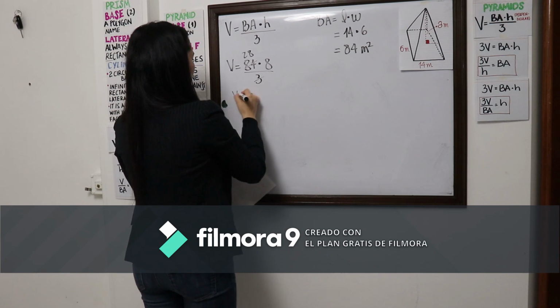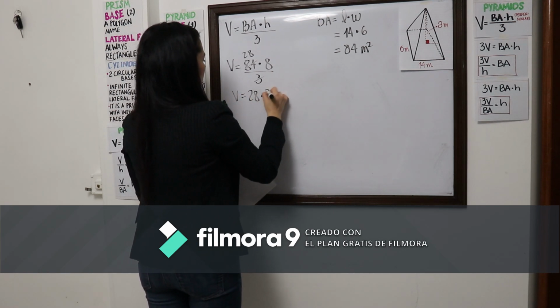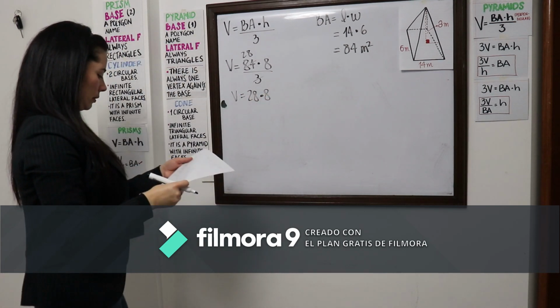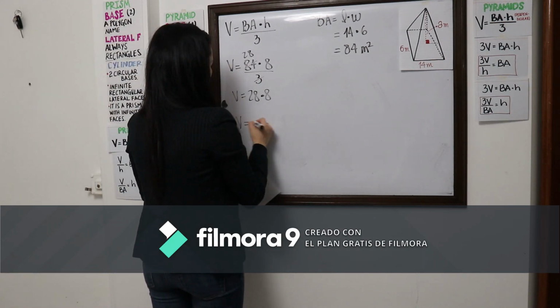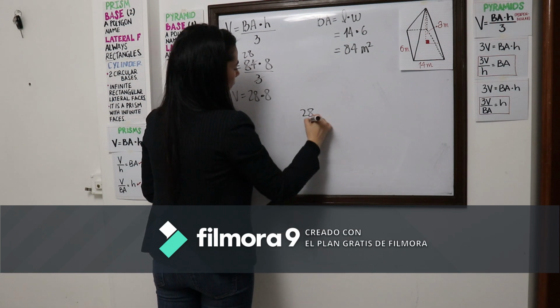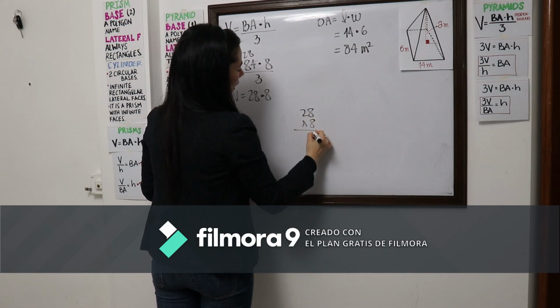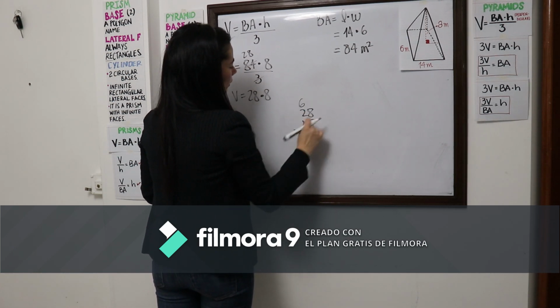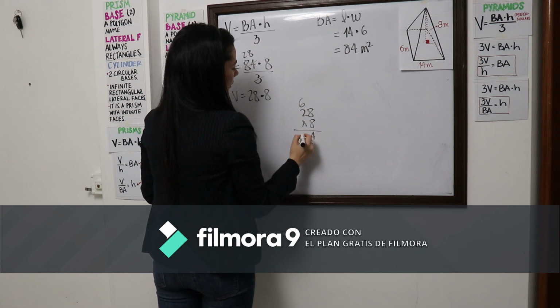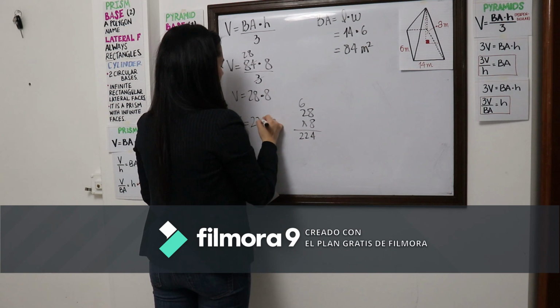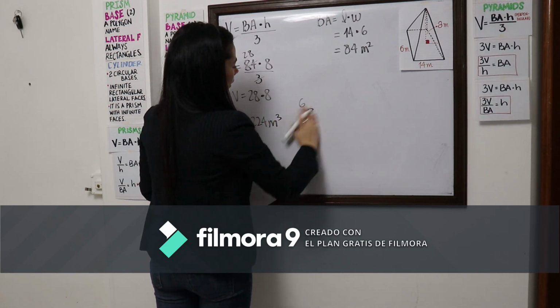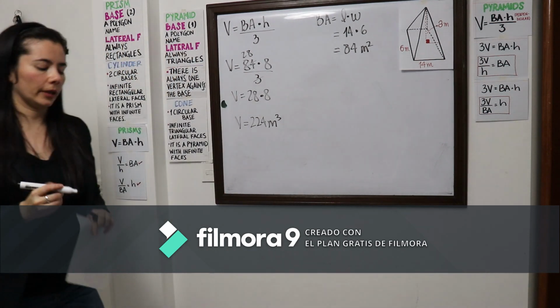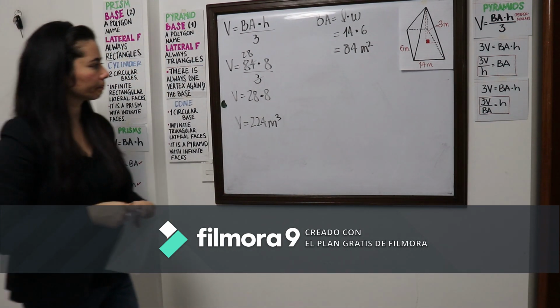And I know 28 times 8, sorry, I didn't do that one, so I'm going to do it over here very quick. 8 times 8 is 64. 16 and 6, that is 22. So it's 224 cubic meters. And that's going to be our volume here in the pyramid, okay?